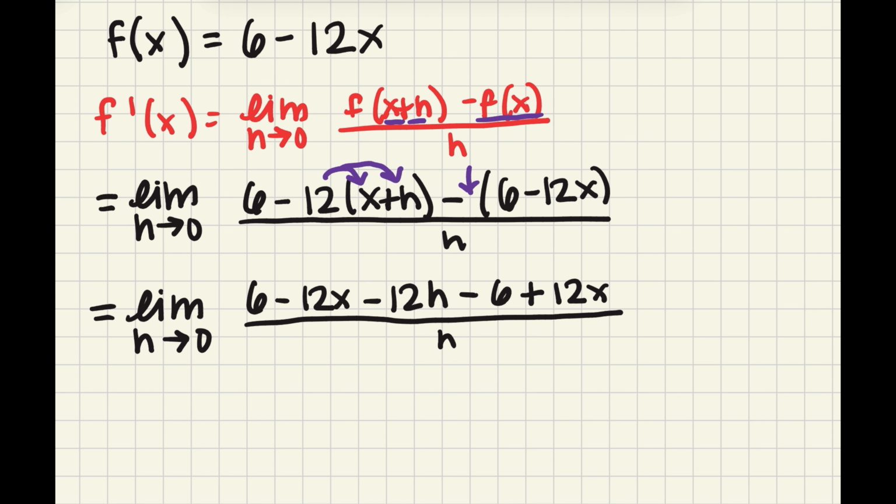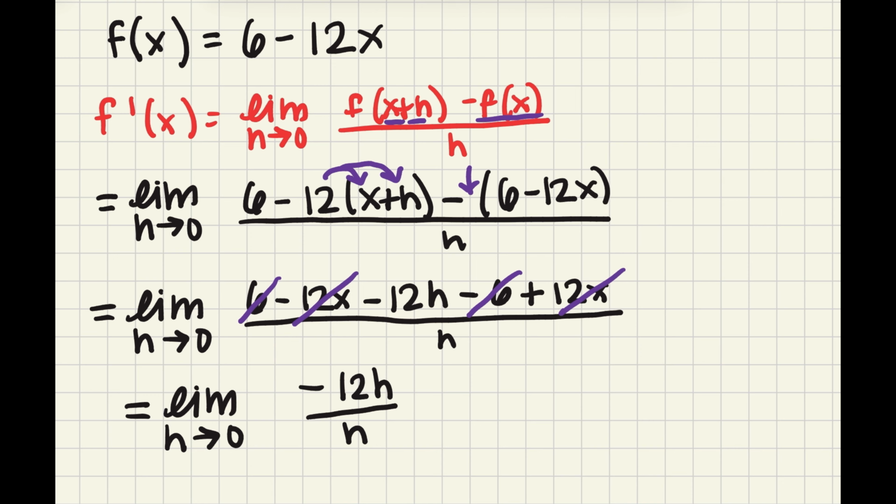And you check to see if anything cancels out. So you see this positive 6 will cancel out with this negative 6. This negative 12x will cancel out with this positive 12x. And that will leave us with a negative 12h over h.